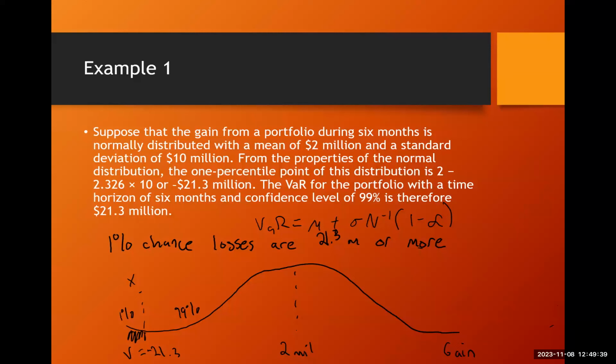The thing that I want you to be on the lookout for is whether this model is for the gain or loss. Because if it's modeling losses, then you need a negative sign in front of the mu. And if it models gain, then there should be a positive sign in front of the mu. So make sure you keep that in mind.